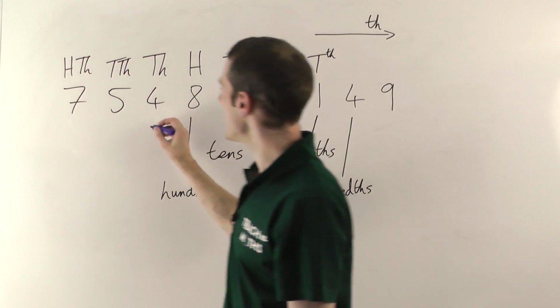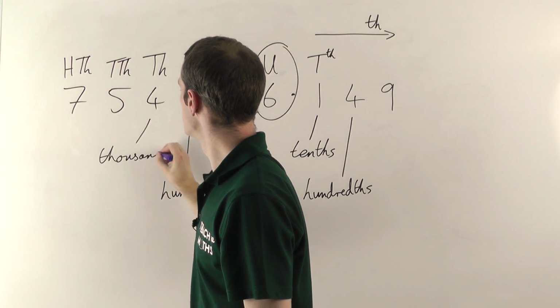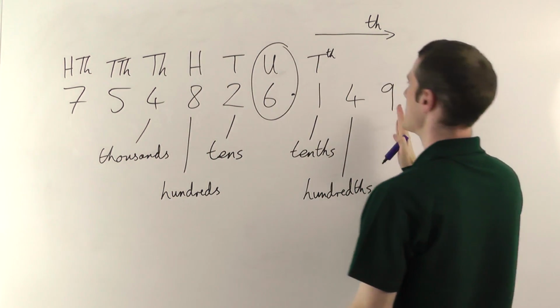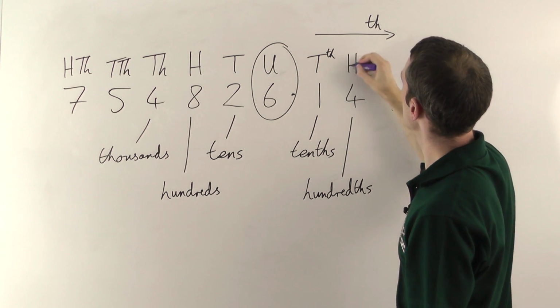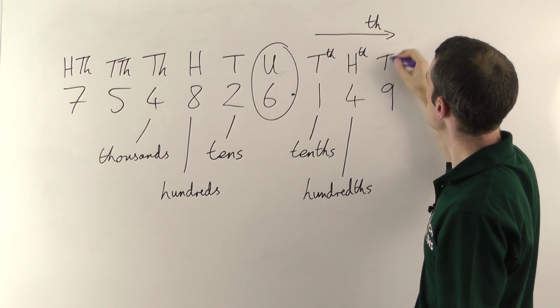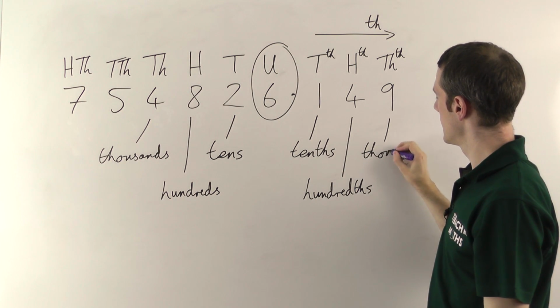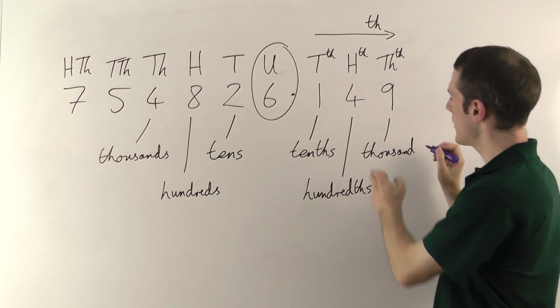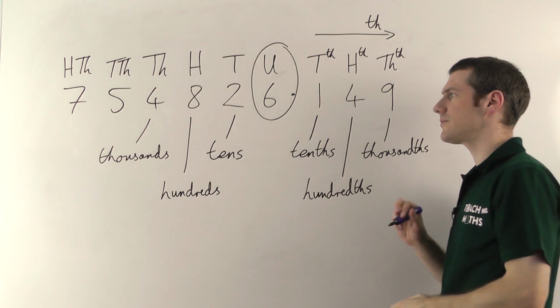So the next column here is going to be a thousands column, which means this one, which pairs with that one, is going to be the, oh, let me just write that one in, that's the hundredths. This one's going to be the thousandths column. And again, the spelling, exactly the same, 1,000, but stick a TH in before the S at the end.